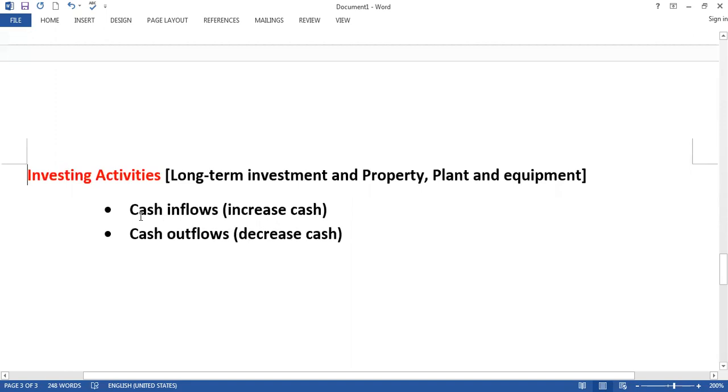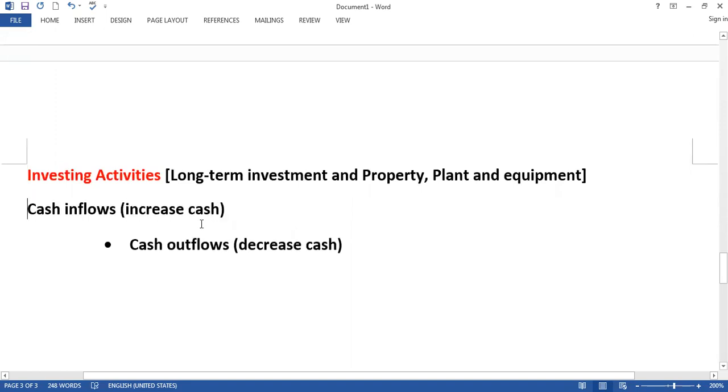So investment activities talking about long-term investments and property, plant, and equipment.